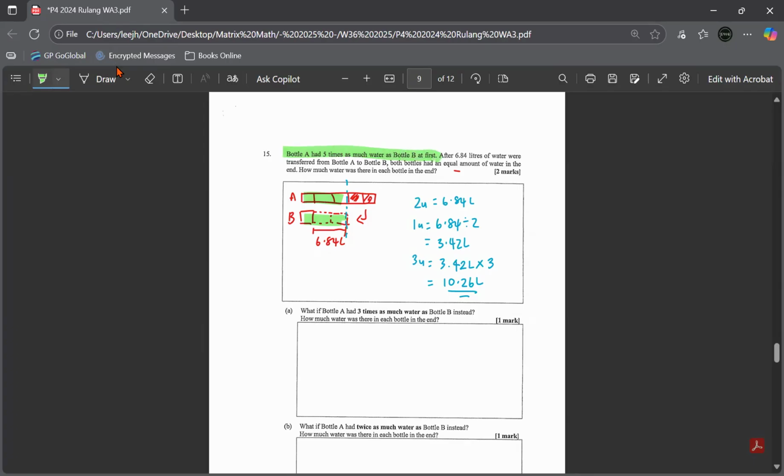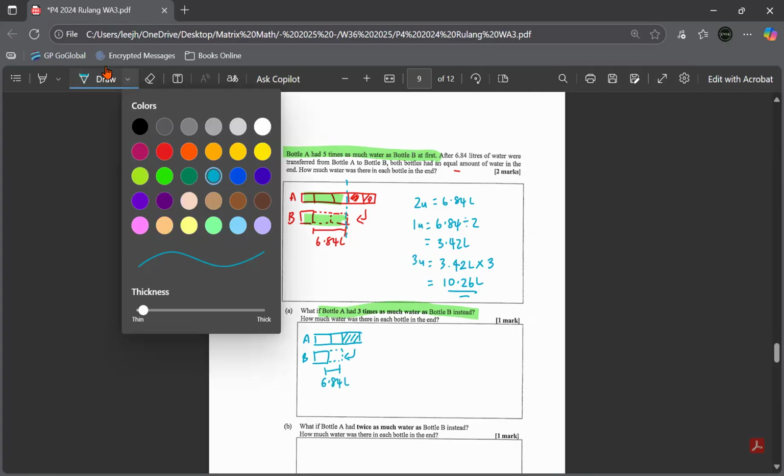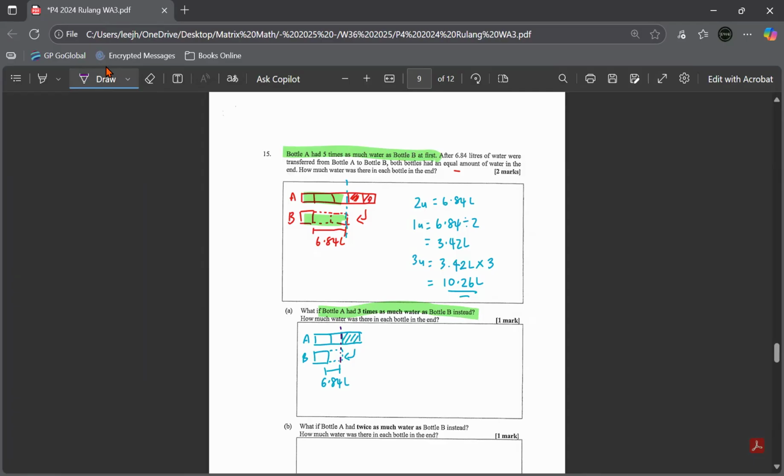Now, if I change the first sentence to A got 3 times as much water as bottle B, I draw A and B. A is 3 times of B. So if they want to make them equal amount, how much water was there in each bottle in the end? If this is the case, to make them equal I can only shift 1 unit down to B. This will become 6.84 liter because after I shift it down, equal.